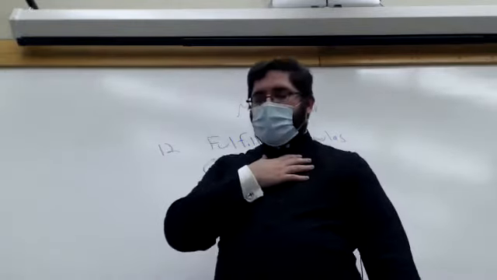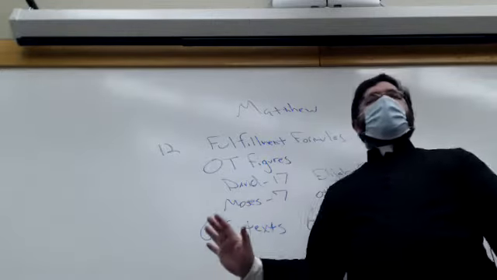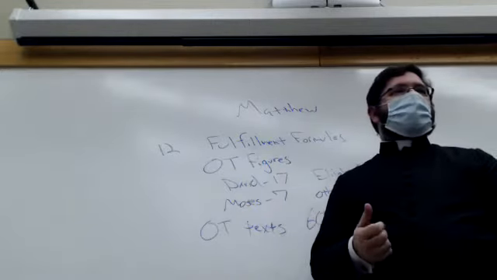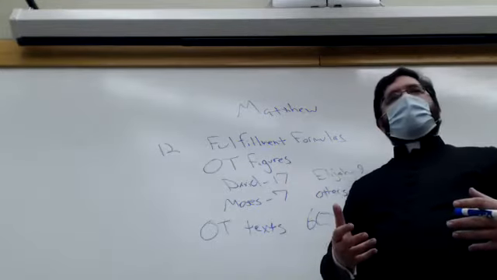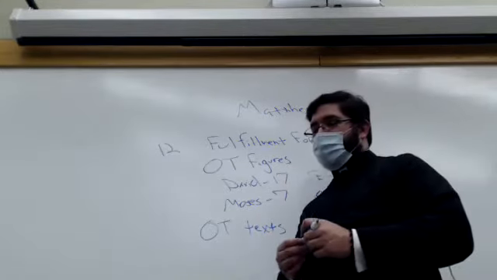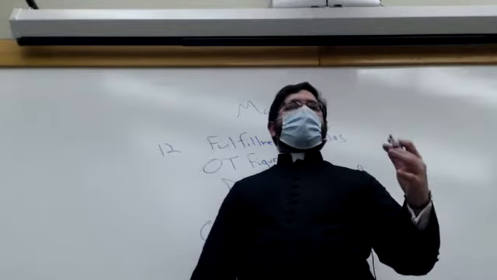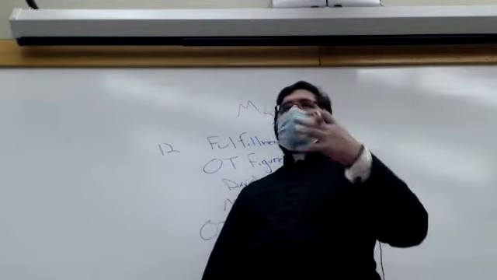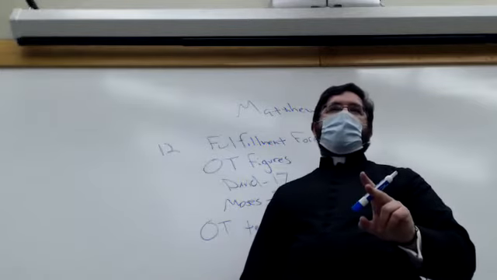Now, as part of this major theme of Matthew's fulfillment of Jewish scripture, he has a sub-theme, and we saw that in his opening passage, where he highlighted Jesus as being the son or the descendant of two Old Testament figures.